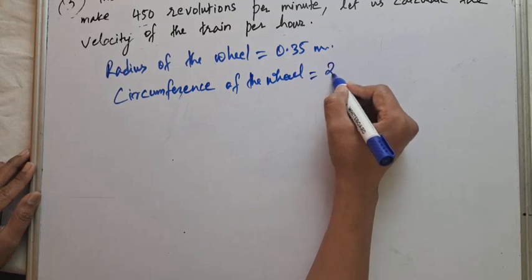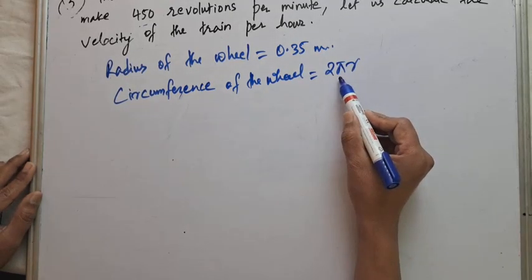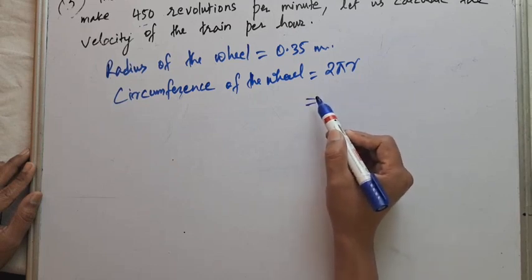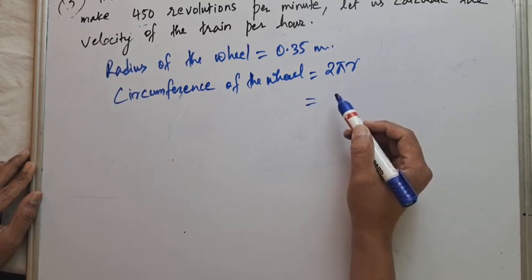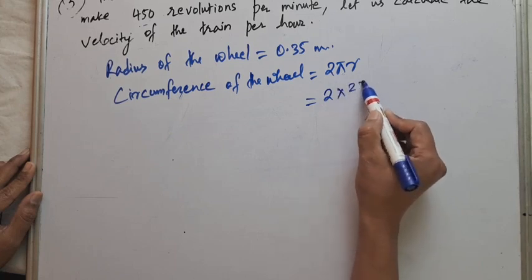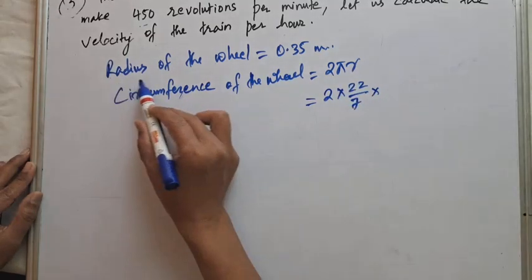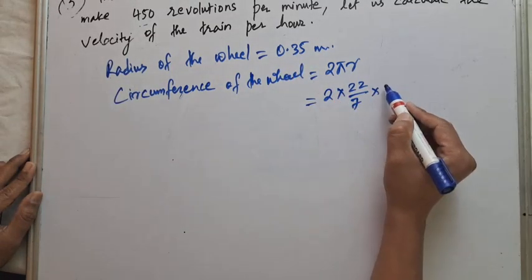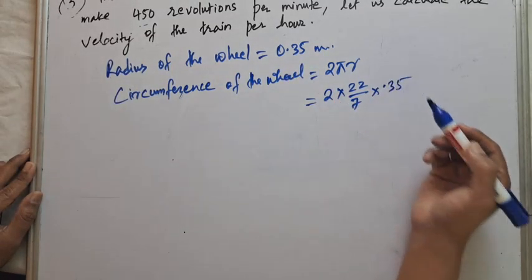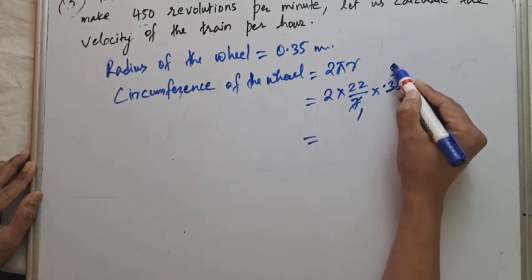equal to 2 pi r, isn't it? The formula for circumference of a circle is 2 pi r, and the wheel is circular. So 2, the value of pi is 22/7, and r is the radius, and the radius of the wheel is 0.35. So 7 1s are 7, 7 5s are 35.